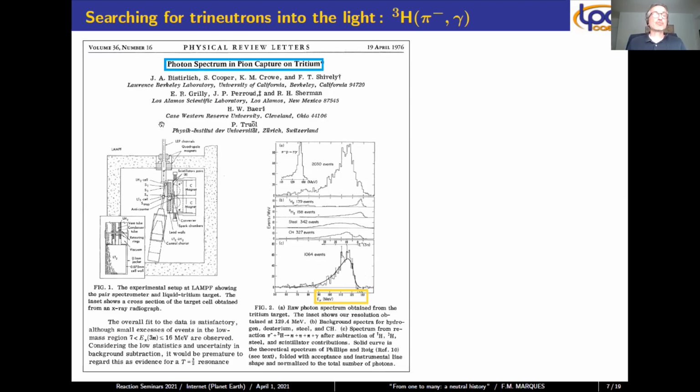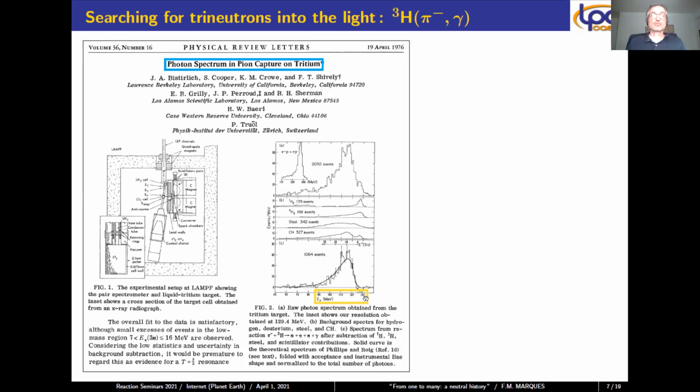So here you have the pion beam. Here you have the triton target. You don't see the neutrons, but if you have a gamma ray of 120 MeV here, you will have a gamma conversion into an electron-positron pair, and then one spectrometer will detect the positron and the electron and will allow you to reconstruct the gamma energy.